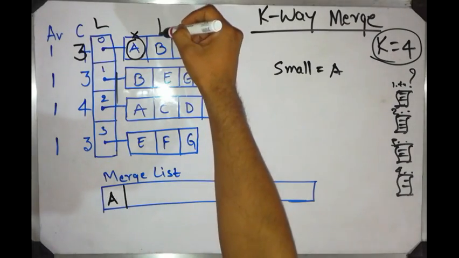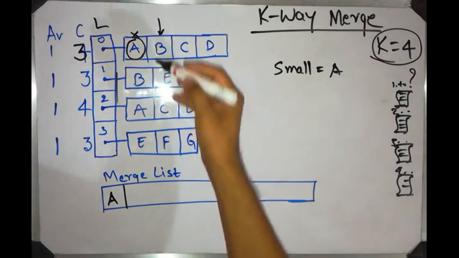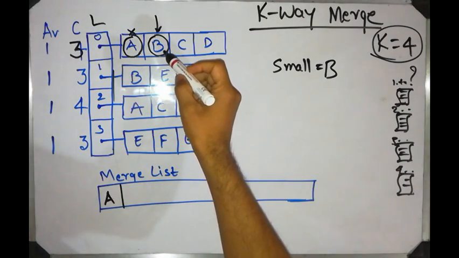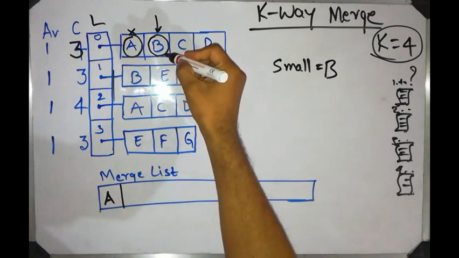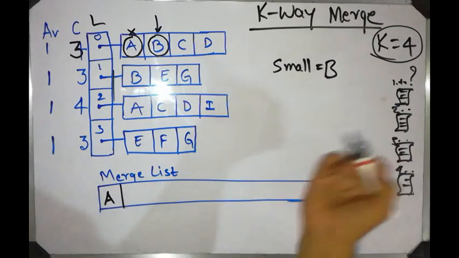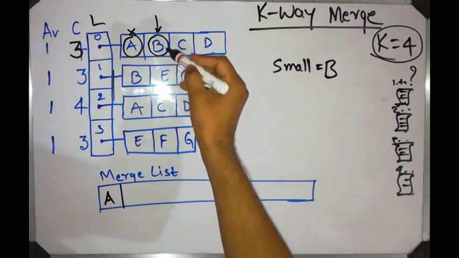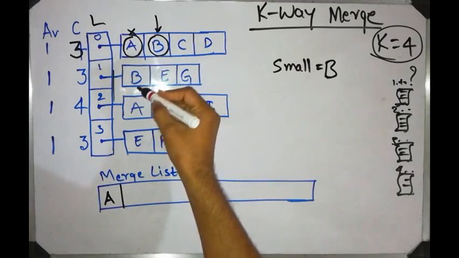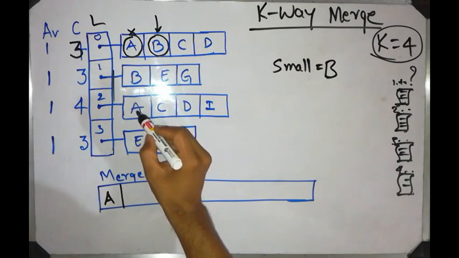Next I'm going to start again with the next name, right? So B is the next element that we're going to consider. We'll consider B as the next smallest element, so we're going to compare that with this B. It's the same, so we'll go ahead. Now we found a new smallest, right?